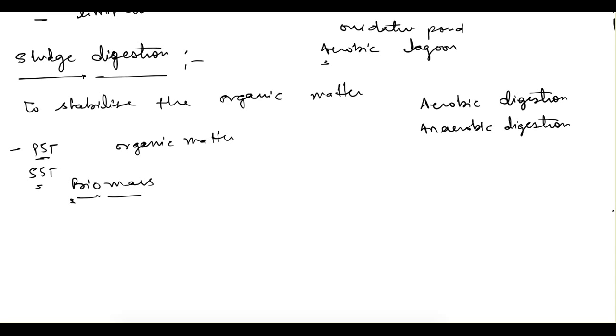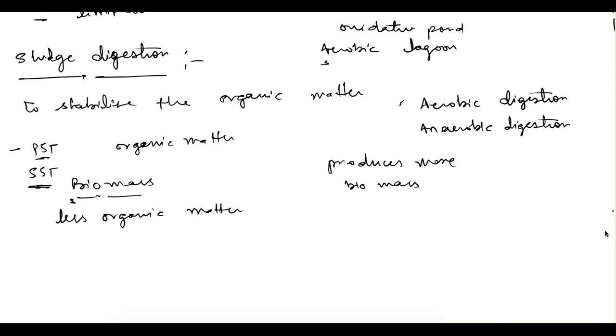Aerobic digestion is preferred for secondary sedimentation sludge, because it has less organic matter compared to primary sedimentation tank sludge. If more organic matter is there, then aerobic digestion is not suitable, because it produces more biomass compared to anaerobic digestion.